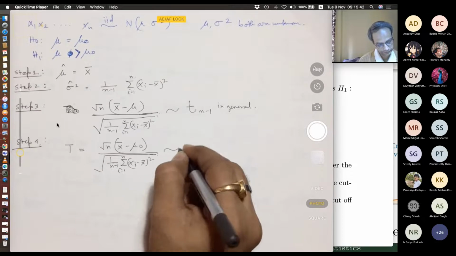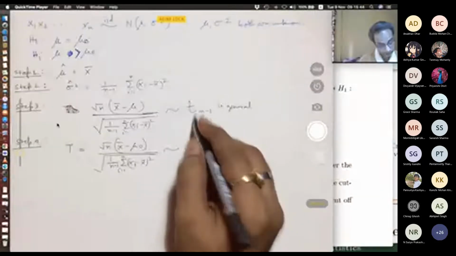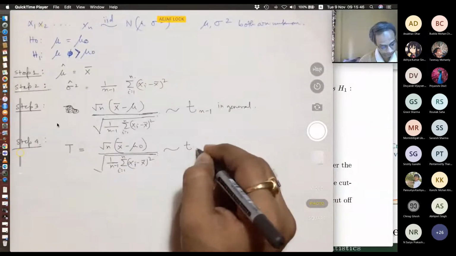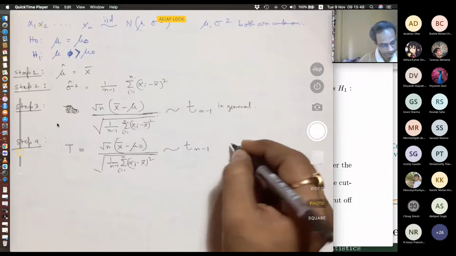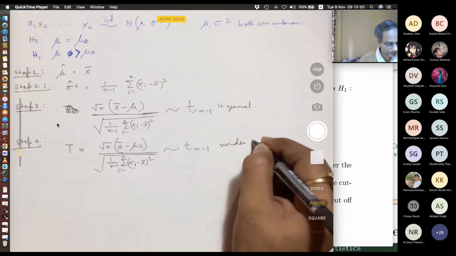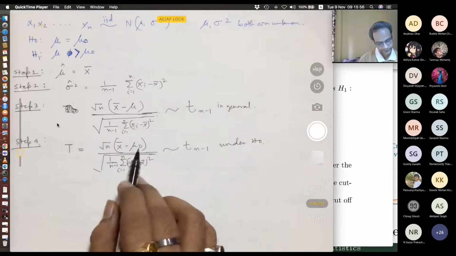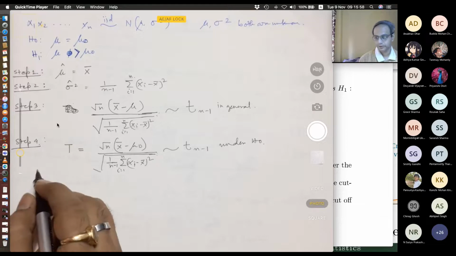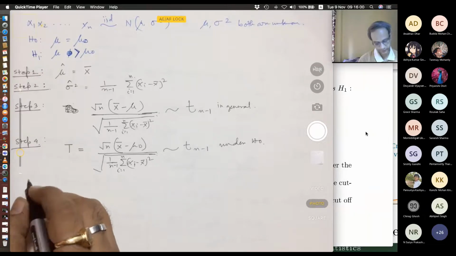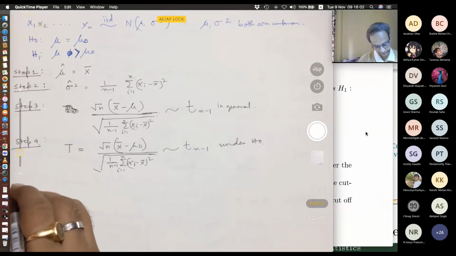This will follow T n minus 1 under H naught. Otherwise, it will not follow. So now you obtain the value of the observed test statistic.